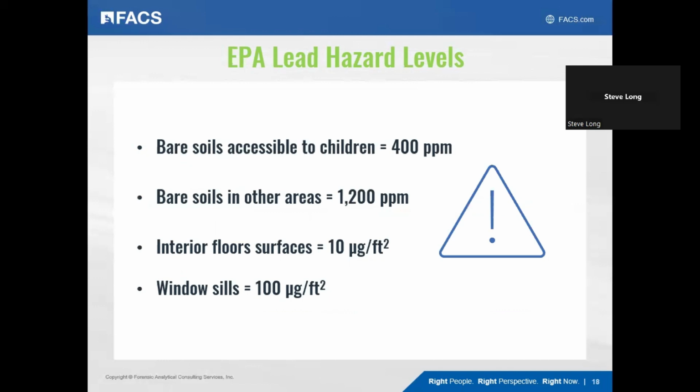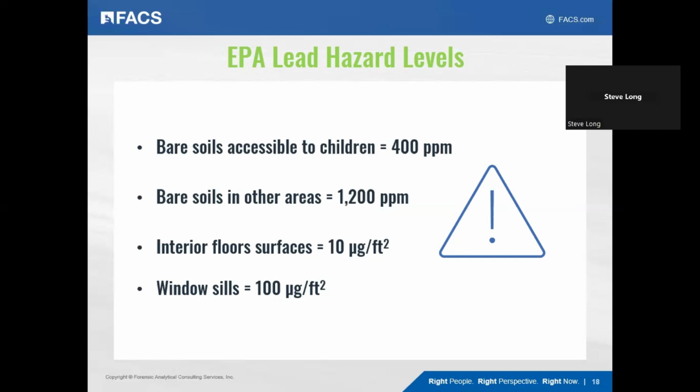So we're back to permissible limits here, or what EPA calls their lead hazard levels. So lead levels are to be kept below these numbers. Anything above that is considered a lead hazard. So in bare soils accessible to children, that would be 400 parts per million. In other areas where children are not expected to be playing or exposed, the limit is 1,200 parts per million.